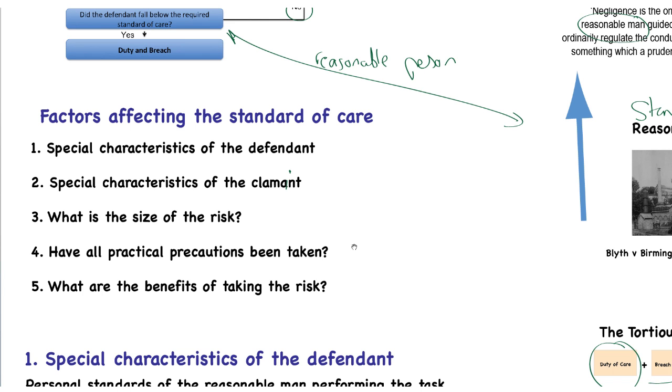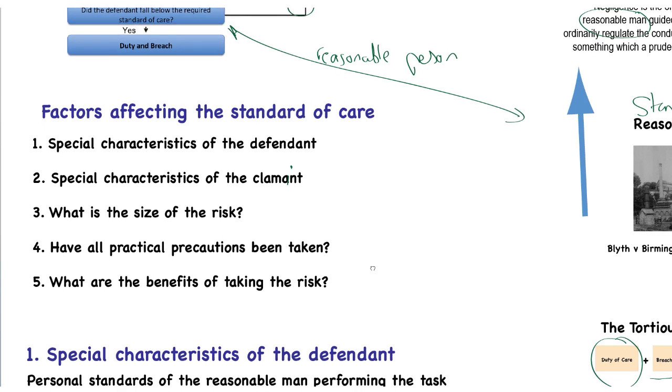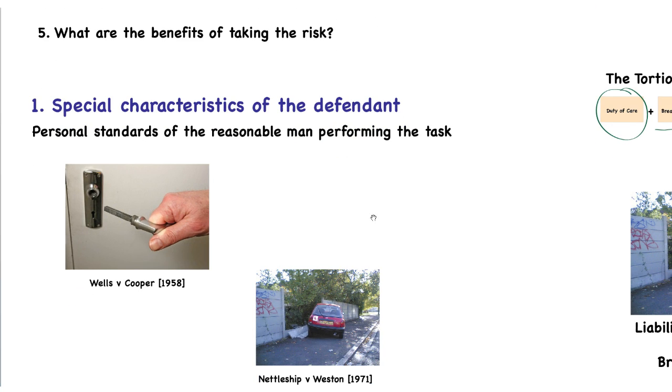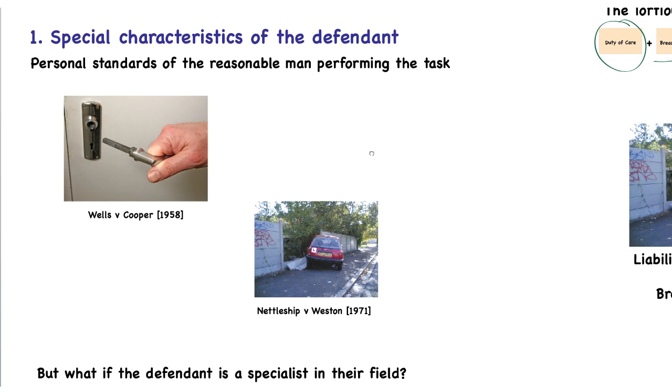So, let's start with looking at whether or not there are any special characteristics of the defendant that might raise or lower the way in which the reasonable man would perform that duty. The first thing to say is that the standard by which the defendant is judged is the standard of the reasonable man performing the task, not his own standard.